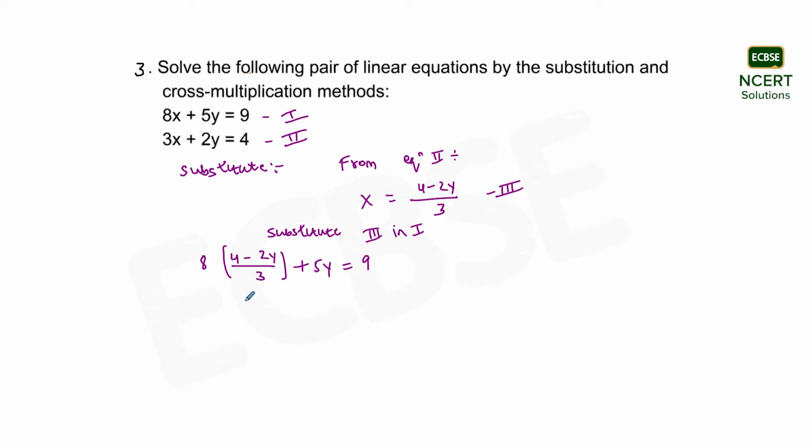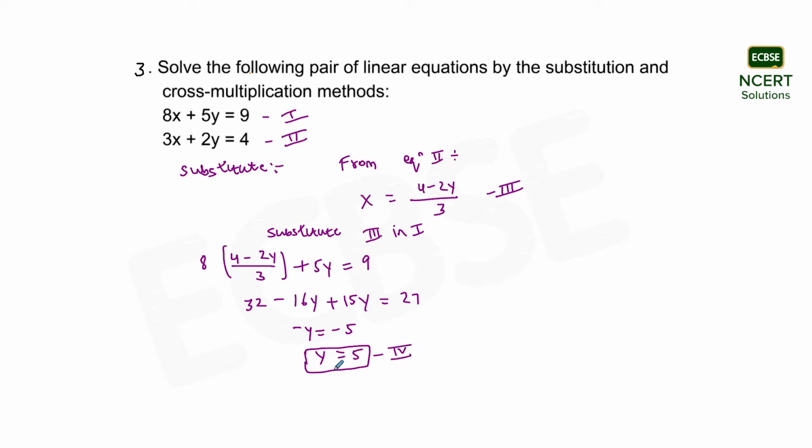Simplifying it, I get 32 minus 16y plus 15y is equal to 27, or I can write it as minus y is equal to minus 5, or y is equal to 5. This is the value of the variable y. Let me mark this as the fourth linear equation.